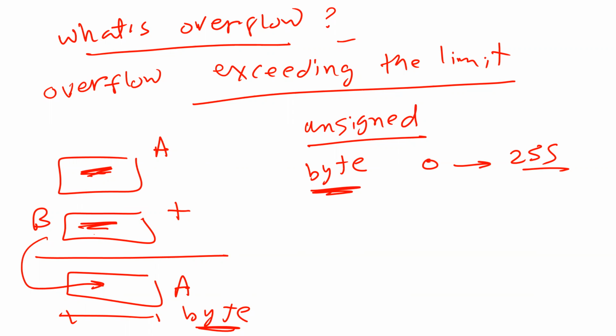It means overflow can happen in this operation. As I explained before, every byte has a limit. How big a number can you store in a byte? You remember? In case of unsigned, a byte can store a number from 0 to 255.